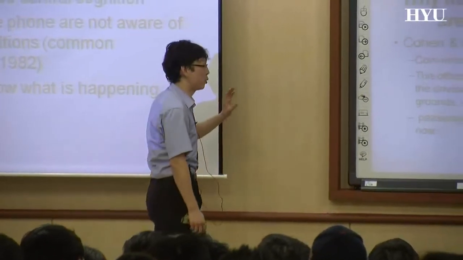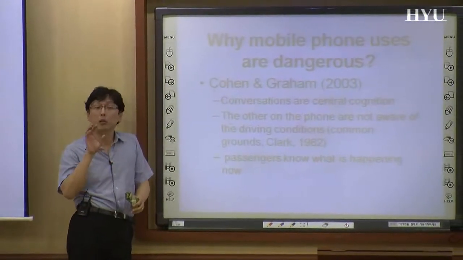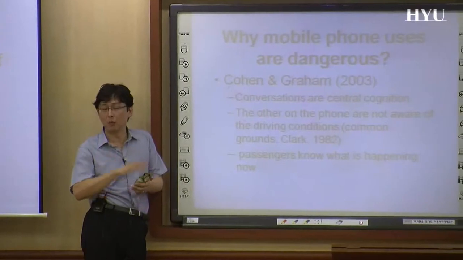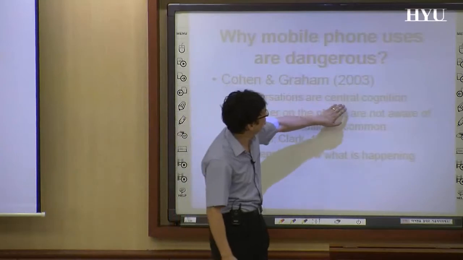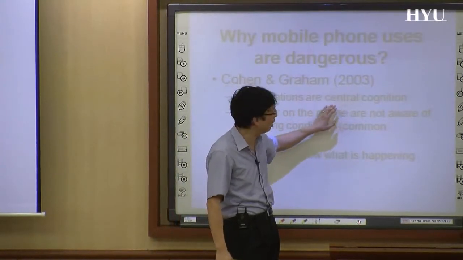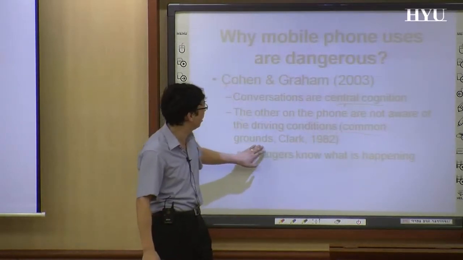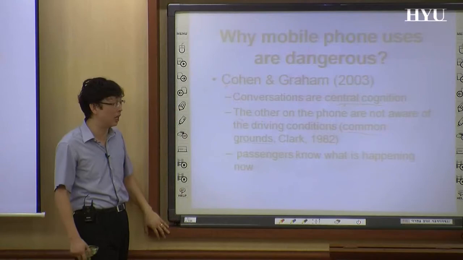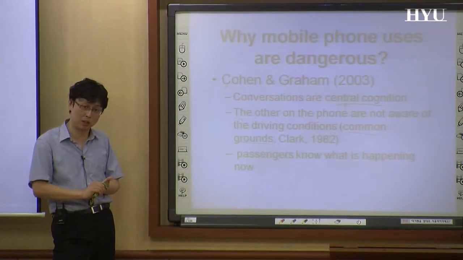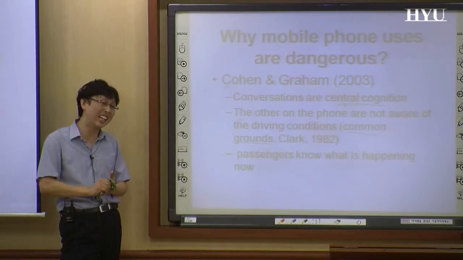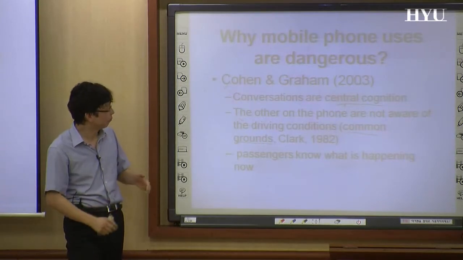That's why they identified the common ground issue as the major problem in mobile phone use while driving. Conversation needs a lot of attention, central cognition, and this can be interpreted by common ground theory by Clark in 1982. So that's why mobile phone use is dangerous: the limitation in our attention resources. Okay?